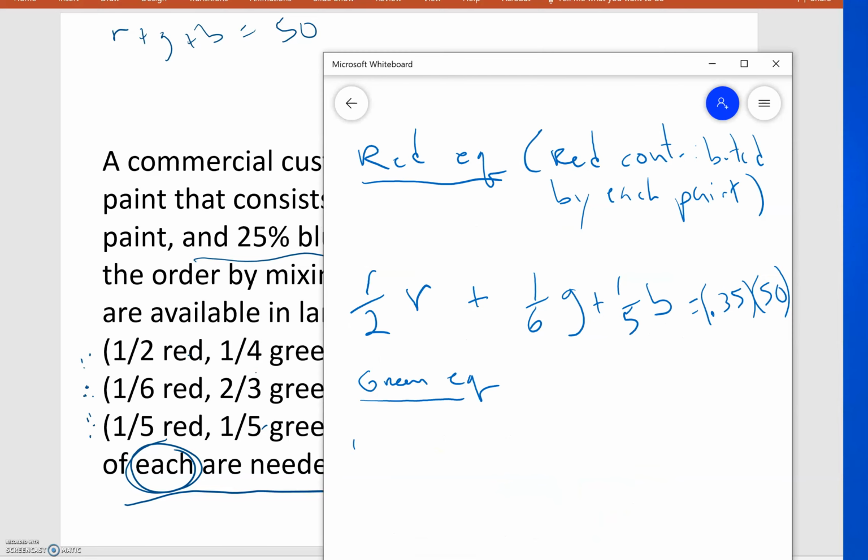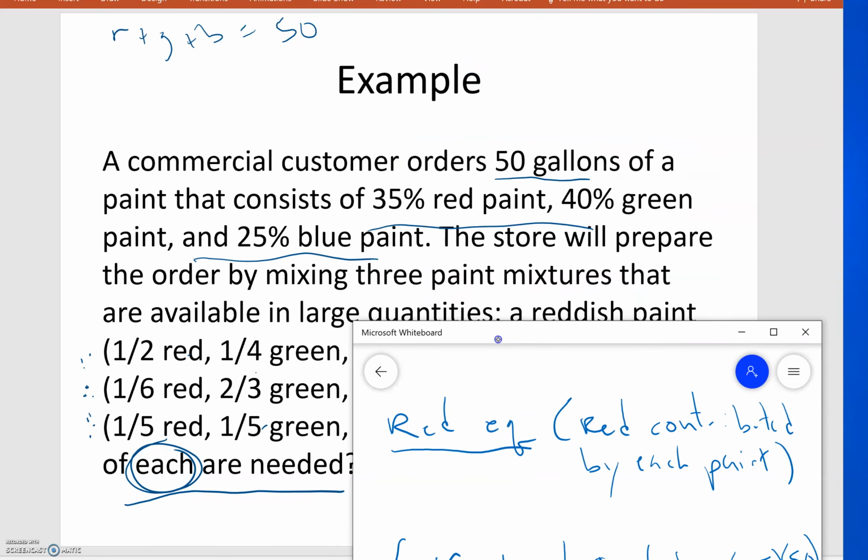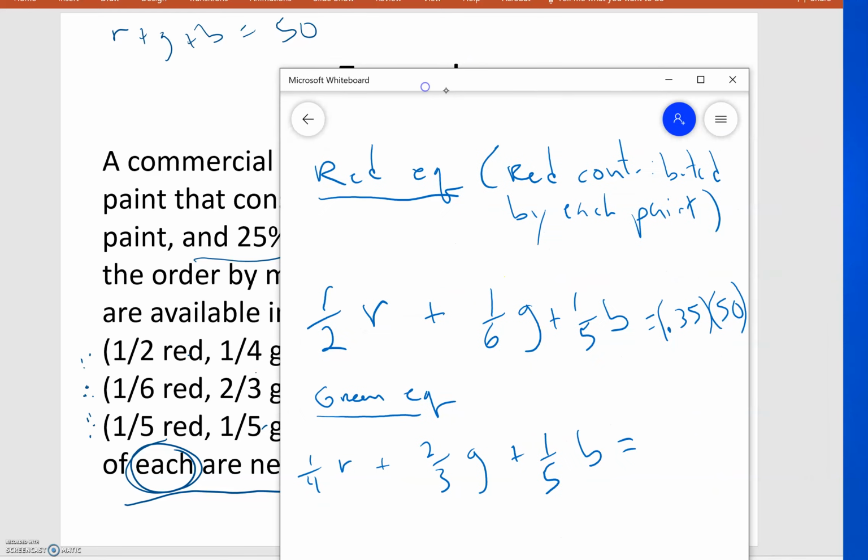So that's 1/4 R plus 2/3 G plus 1/5 B equals, and now I've forgotten it already, 40% of 50. So that's 0.4 times 50.